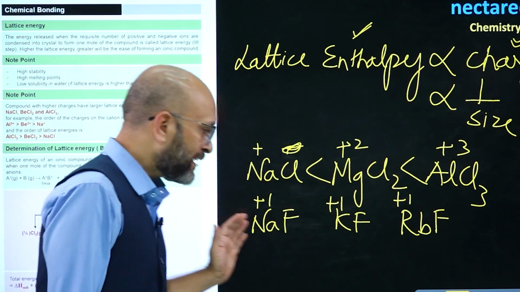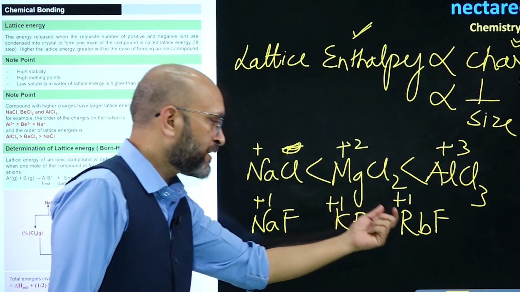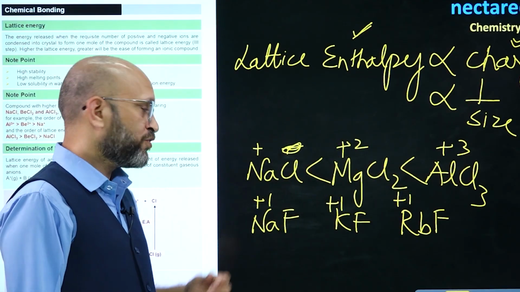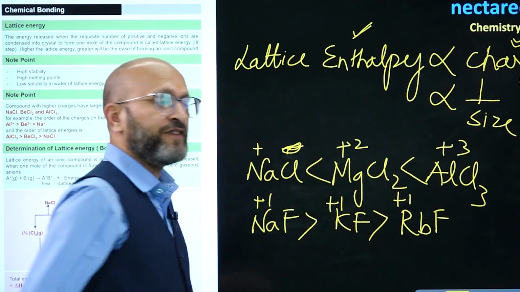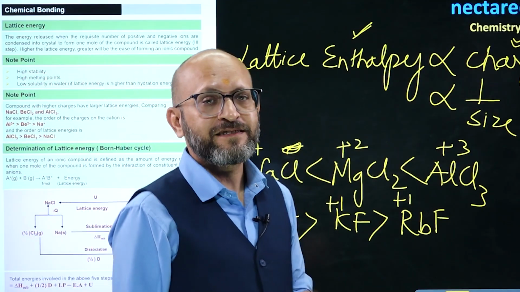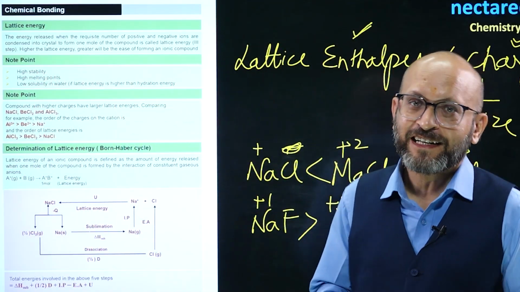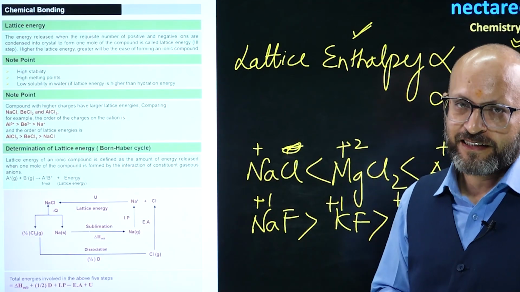Now the size of Rb+ is more than Na+. So the more the size, the less the lattice enthalpy. In this case, the lattice enthalpy of NaF is more than KF, and KF is more than RbF. So it is directly proportional to charge and inversely proportional to size. That is how lattice enthalpy is compared whenever we have certain examples.